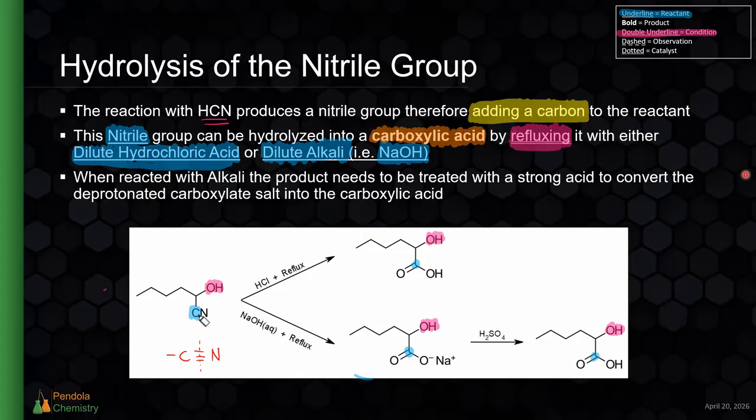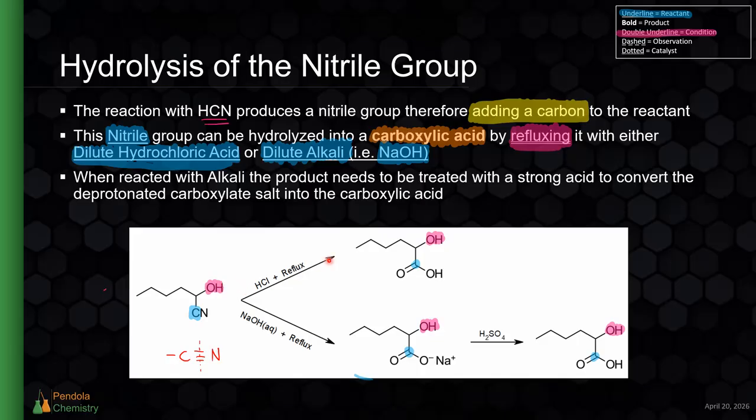So what is getting reacted here is that carbon triple bond nitrogen, and the carbon that is originally bonded to nitrogen is getting turned into the central carbon for a carboxylic acid. And that's why this reaction is so important, because then we can grab the carboxylic acid and react it in different ways, like reducing it to get other compounds, like alcohols or even aldehydes. So this is a way of adding a carbon to a carbon chain.